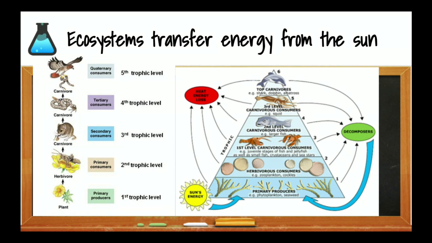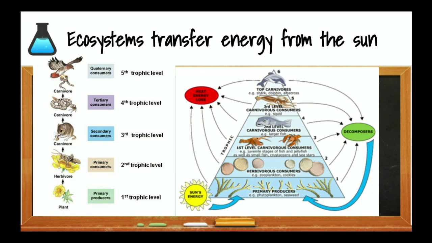When we look at this pyramid shape, we can see that the sun gives its energy to the producers at the base of the pyramid. And in each level, we are losing energy. So we're accommodating less total energy and also usually less total number of organisms as we move through the different trophic levels.